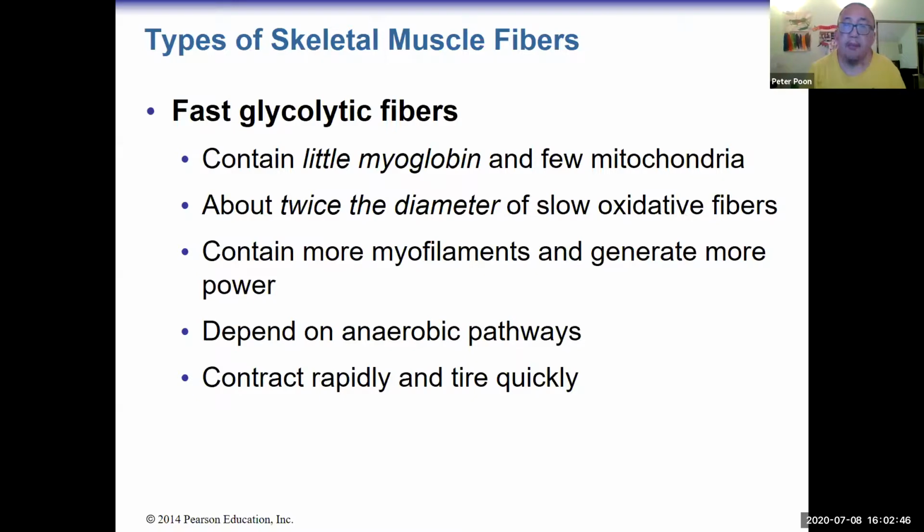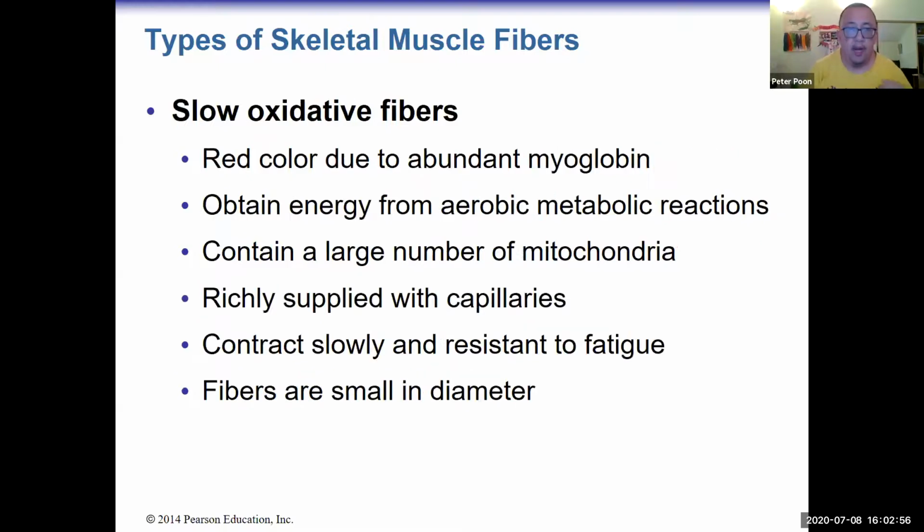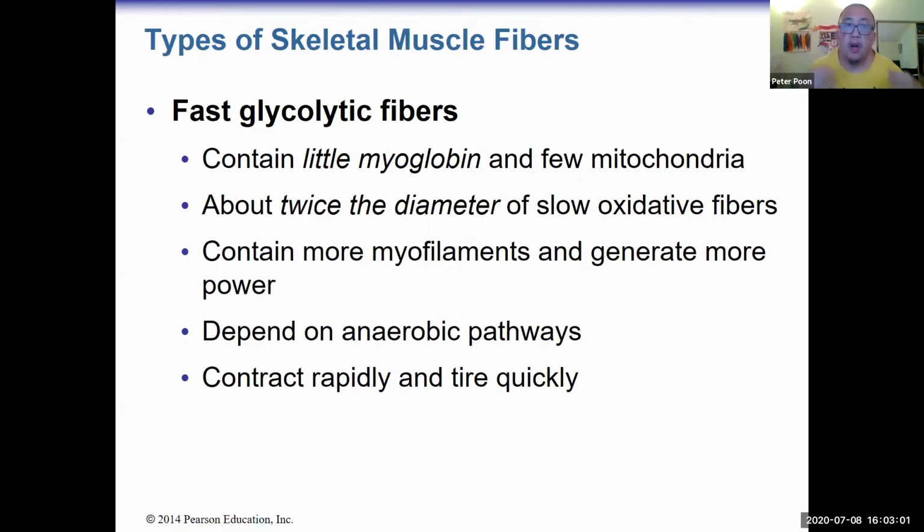This is in the breast and wings of chicken. Chickens don't fly, and therefore, because they don't fly, they don't need the slow oxidative fibers in their wings. So they have bigger, fast glycolytic fibers. That's why the breast meat is drier. There's less fat because there are fewer blood vessels running through it. They generate more power.